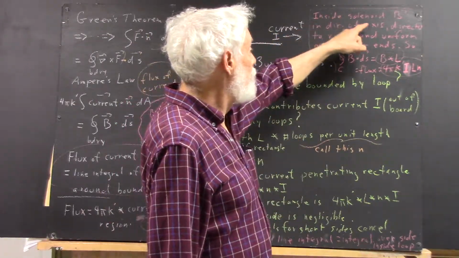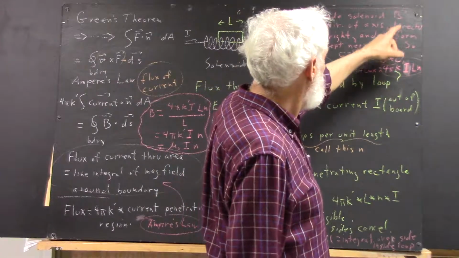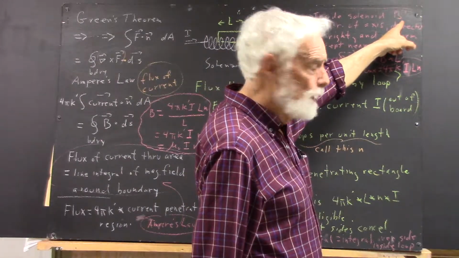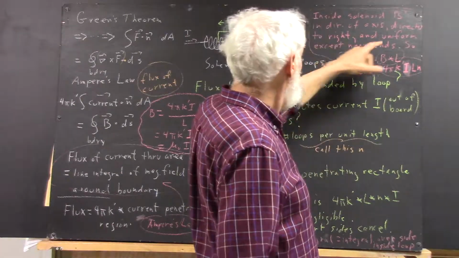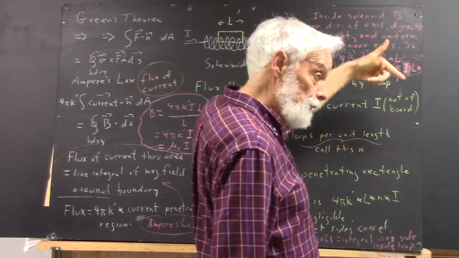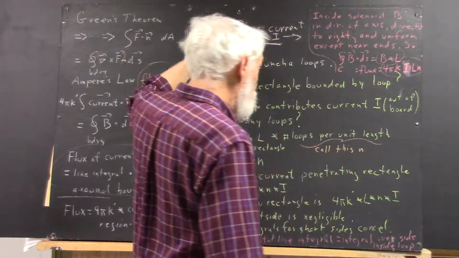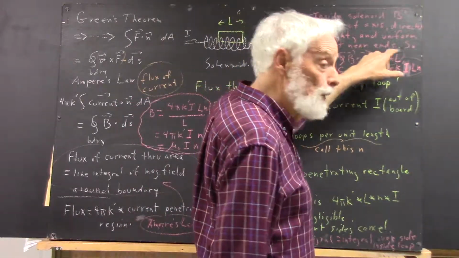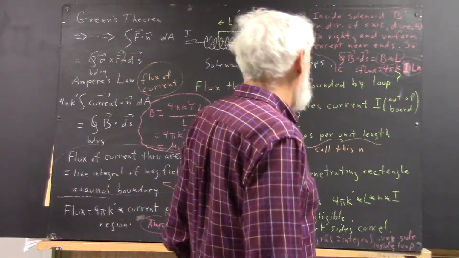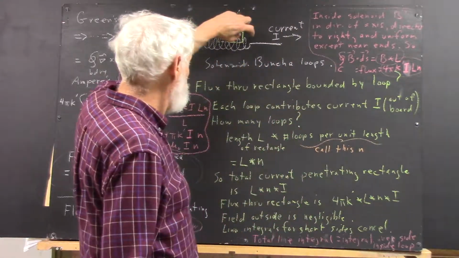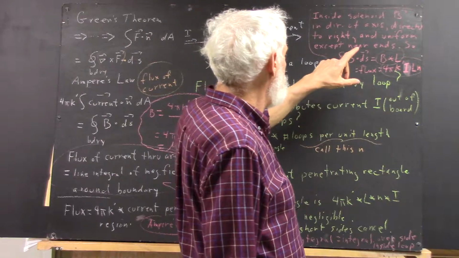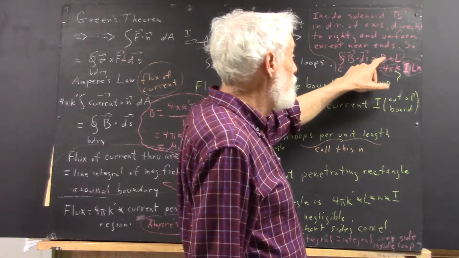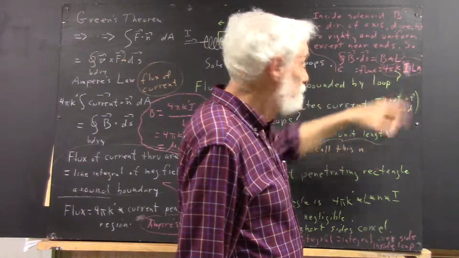Inside the solenoid, the magnetic field, as we already said, is in the direction of the axis, directed to the right because of the right-hand rule and the way I've oriented this, and uniform except near the ends. As long as this rectangle isn't too close to the end, the integral of B dot ds is just B times L.